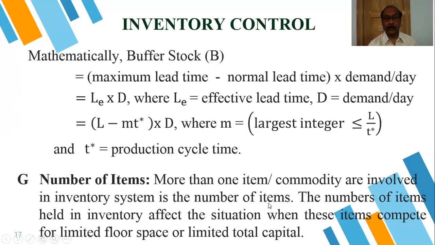Whatever items are involved in producing finished goods, that is the item, also known as the commodity involved in our inventory system. So we need to consider how many items we need for the different production.